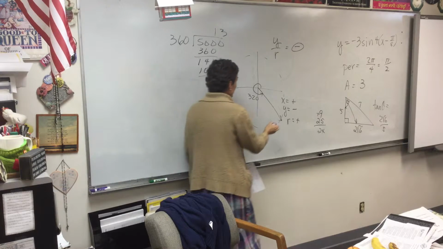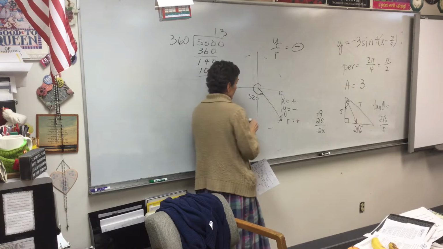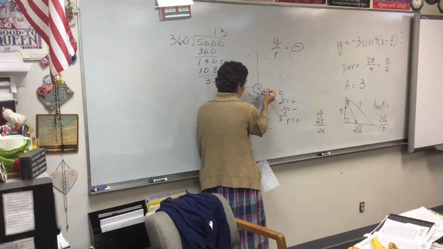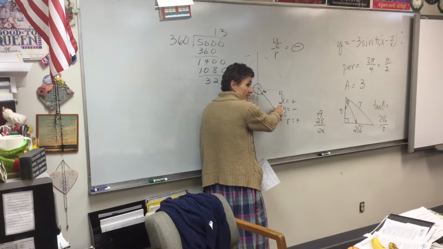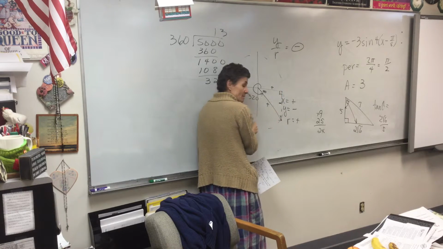You could also think about making a triangle. Wouldn't the opposite side of the triangle be negative? Now this is going to be a 40-degree angle, so you don't know the numbers, but the adjacent would be positive and the hypotenuse is always positive.